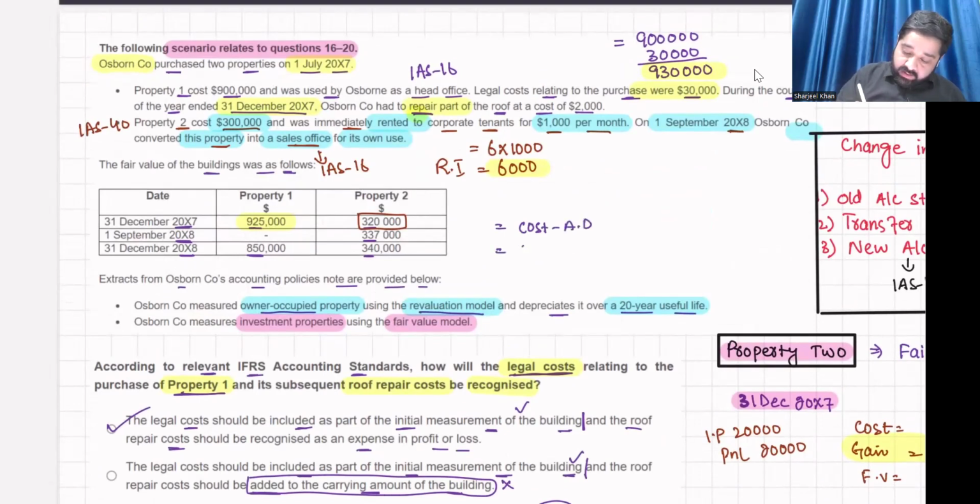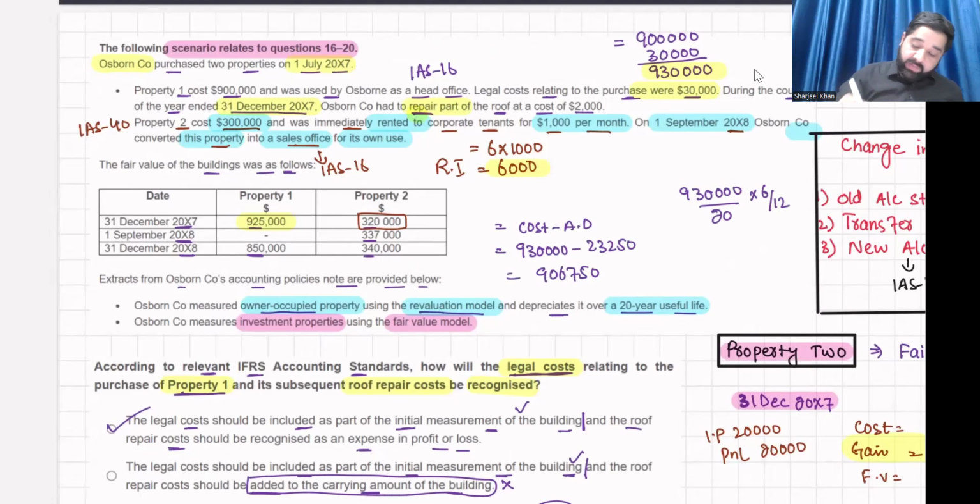As the cost is 930,000, accumulated depreciation is 930 divided by 20, multiplied by 6 by 12, which is 23,250. So the carrying value will be 906,750.